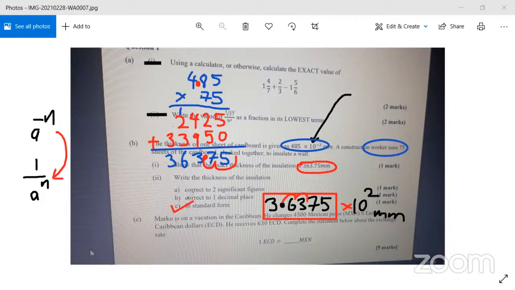I feel like that would have been the trickiest part of the question to do, apart from this, where when it comes to significant figures, you don't necessarily start from the first decimal point, you start from the first non-zero digit, right? So you have 363.75. So 2 significant figures, that would be 1, 2.